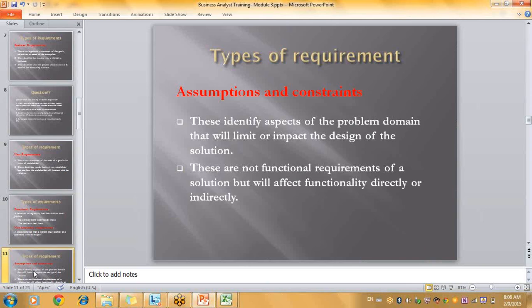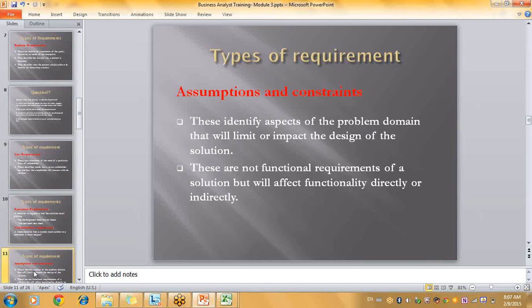I cannot stop the project asking what will happen if the internet is not there. So that is an assumption that we take and move ahead with the project.